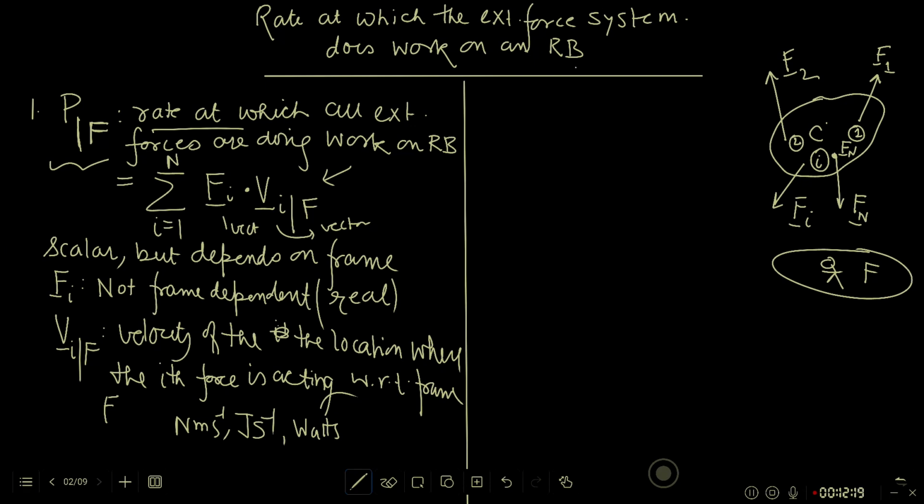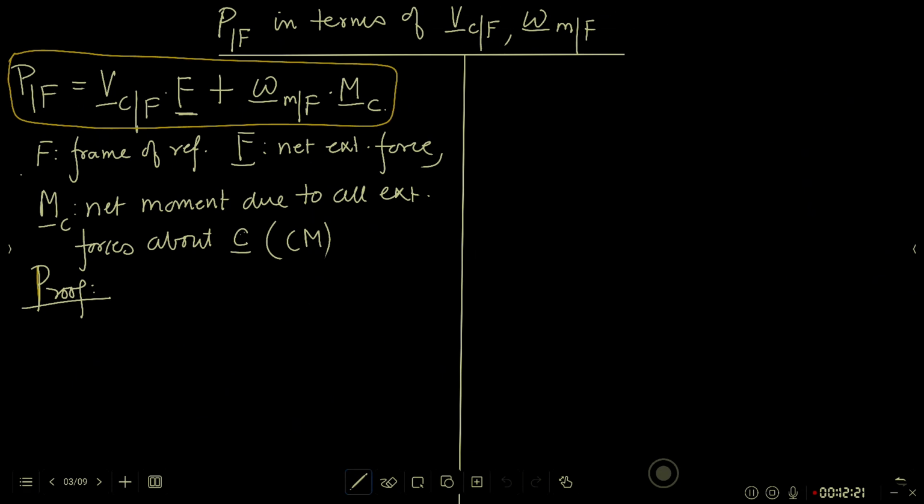Now, as I move towards the work energy theorem, I would like to prove a relationship, the relationship that is shown in the yellow box on the screen. What is it telling us?